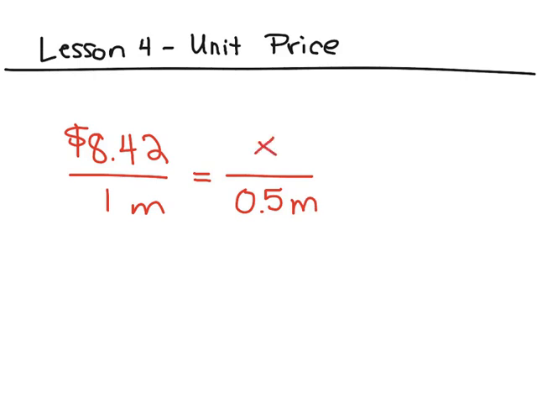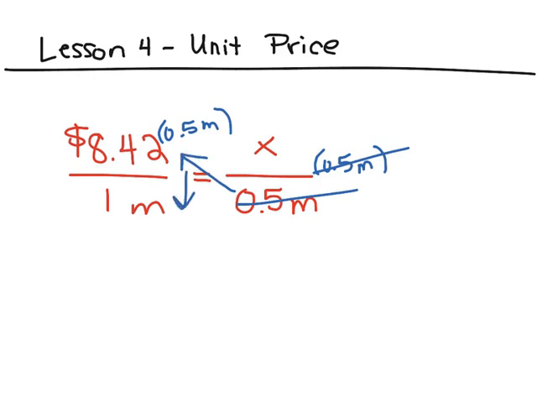And we're looking for the cost, and the cost is on the top, so we write X. So we're going to multiply both sides by 0.5 to cancel. We're going to cross multiply and then divide by 1. So the meters will cancel. So this will cost $4.21 for 0.5 meters.